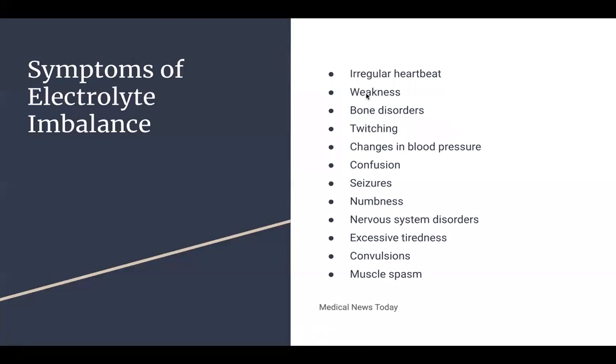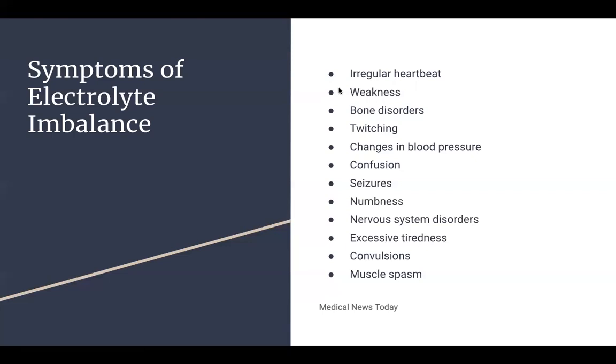These are some symptoms of electrolyte imbalances. Some of these relate more so to electrolytes I will take a look at in a different video, such as bone disorders. But because electrolytes play a role in fluid balance and also in nerve contraction and nerve communication, we'll see things such as nervous system disorders, confusion, irregular heartbeat.